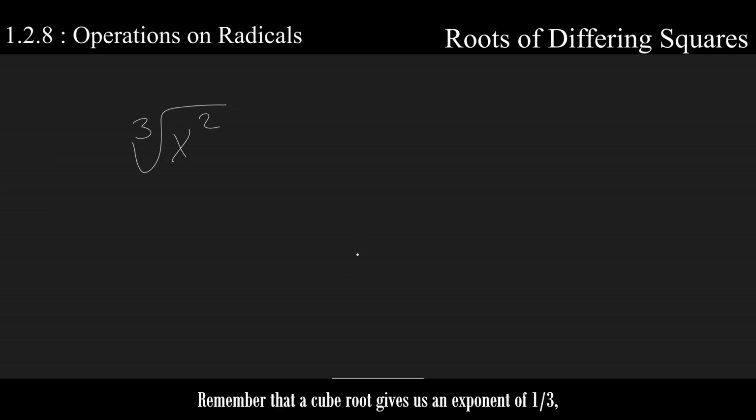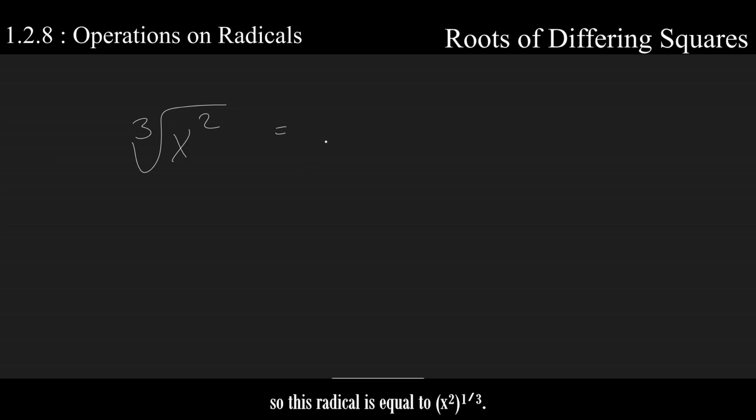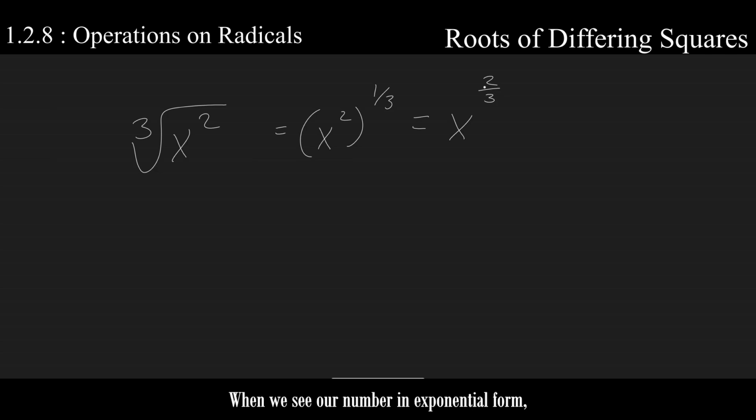Remember that a cube root gives us an exponent of 1/3. So this radical is equal to x squared to the 1/3 power. Using the power rule, this becomes x to the 2/3 power. When we see our number in exponential form, we can see how much easier this was back in radical form.